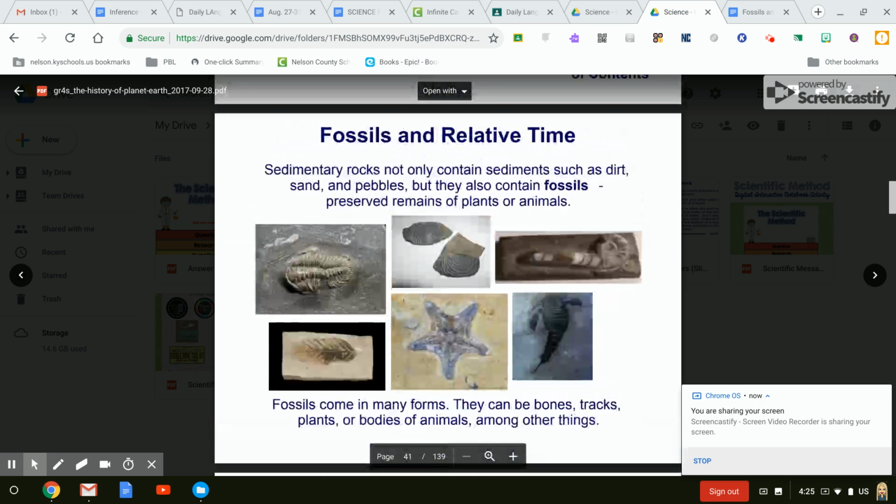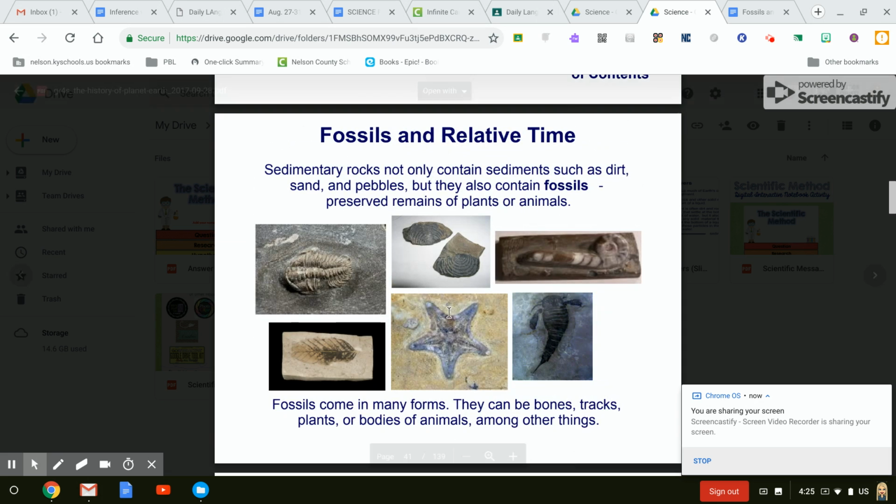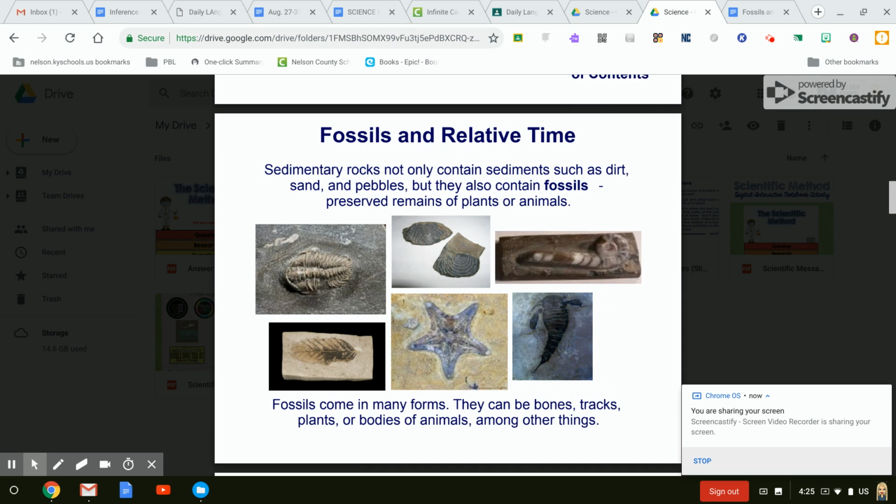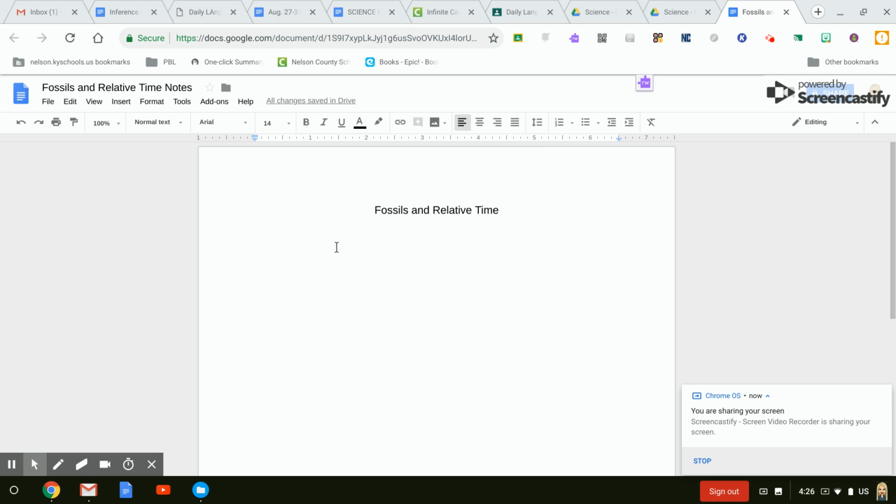So to begin, we've talked a lot about sedimentary rocks and the sediments that they contain. So this tells us that sedimentary rocks not only contain sediments such as dirt, sand, and pebbles, but they also contain fossils. And fossils are preserved remains of plants or animals. So in your notebook, define fossil as preserved remains of plants or animals.